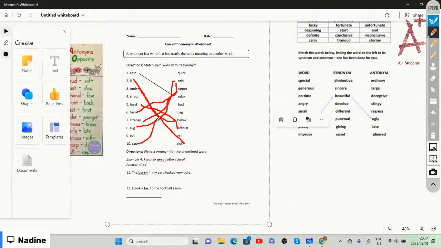Sack is a bag, right? So these are but a few synonyms, right, that we are matching with its correct word. For example, rest, relax.